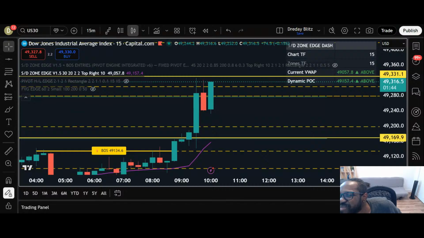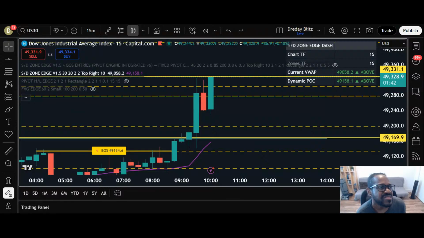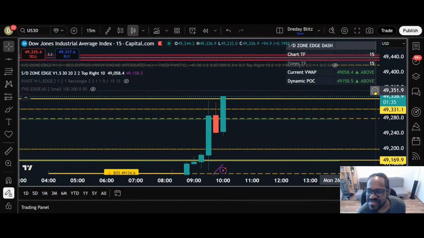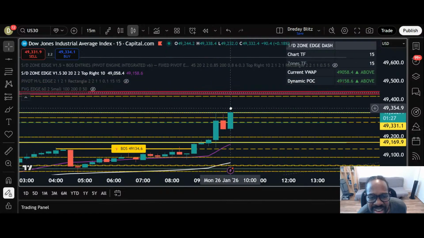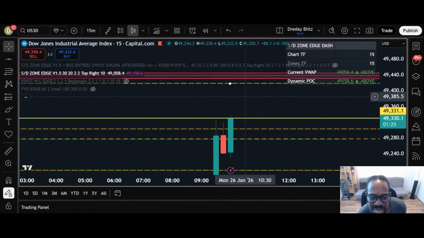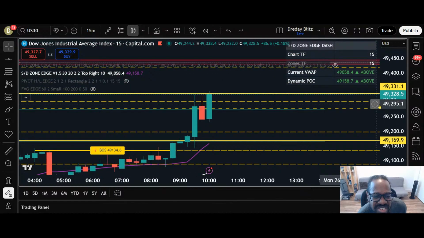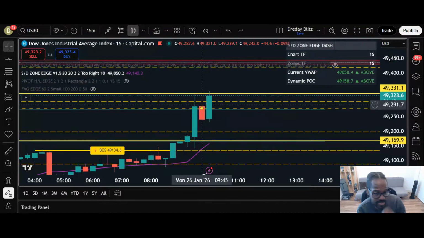All right, so I'm out of that trade. So that means that we have a push to the upside still. Seems it wants to go towards what I was waiting for, a buy. Thought it was going to retrace, but this was a big indication that it may start to go up. All right, it's all good.